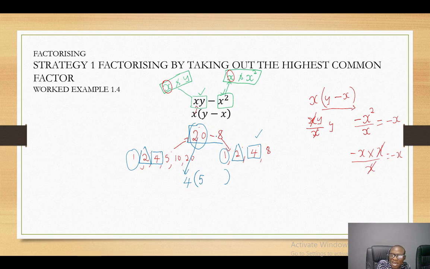Now you go to the second term, you say minus 8 divided by 4, which is minus 2. So it's 4 into 5 minus 2, which is 4 into 3. 5 minus 2 is 3. And 4 into 3 is 12. We know that 20 minus 8 is 12, but we were just having fun because I wanted you to know how to factorize by taking out a common factor. So we can do it even with numbers.